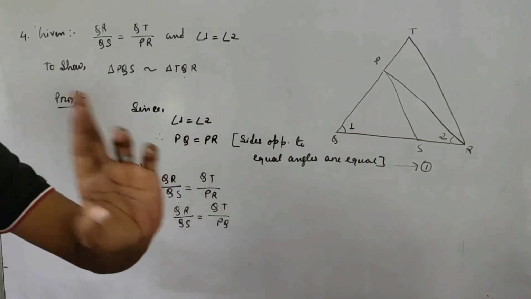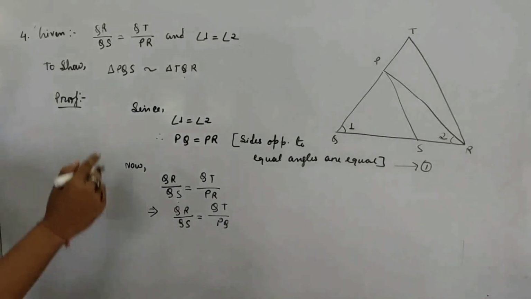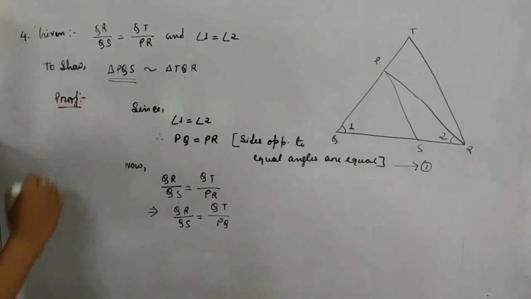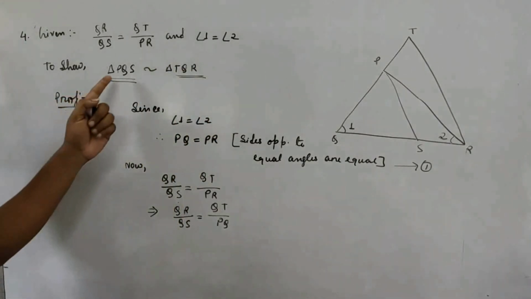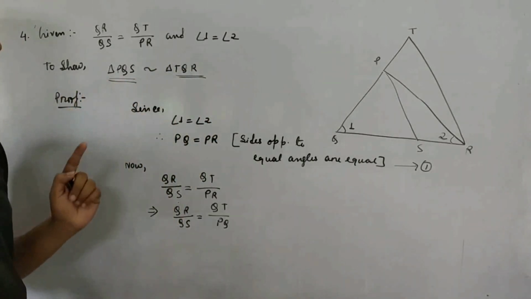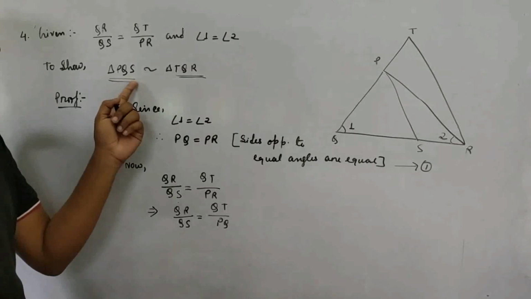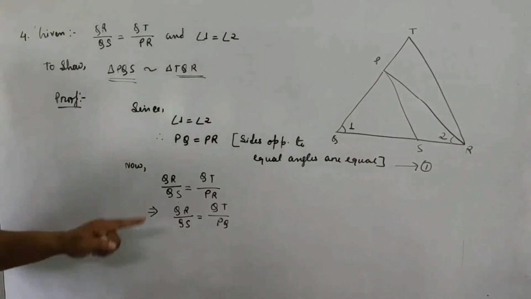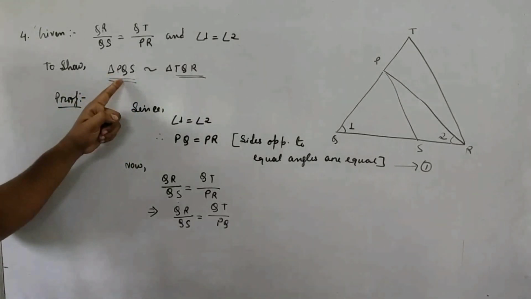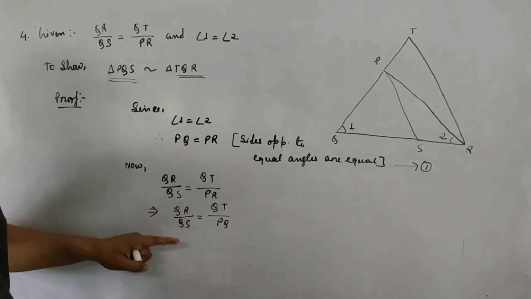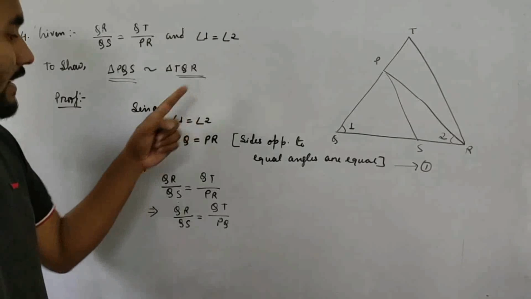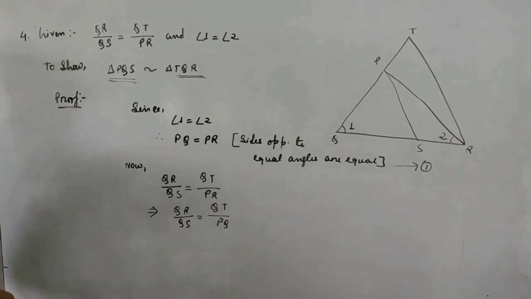Now there is one last problem. See, this triangle is first, then this triangle is second. So in this triangle QS is there. If this triangle is first, then QS should have remained first, but it is now below. QR is second, but QR is at first.